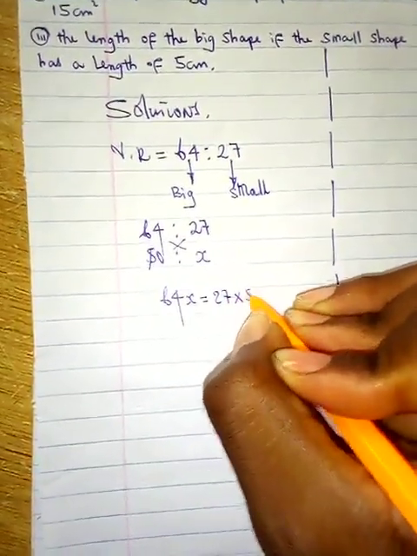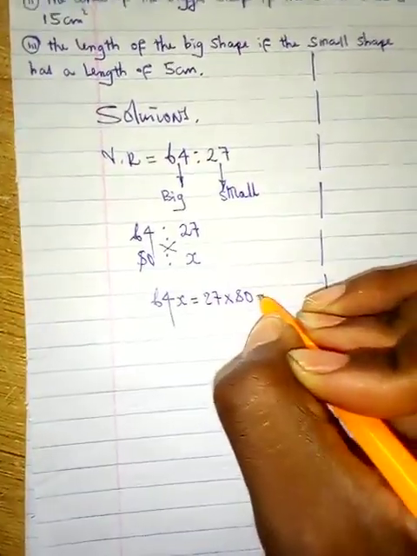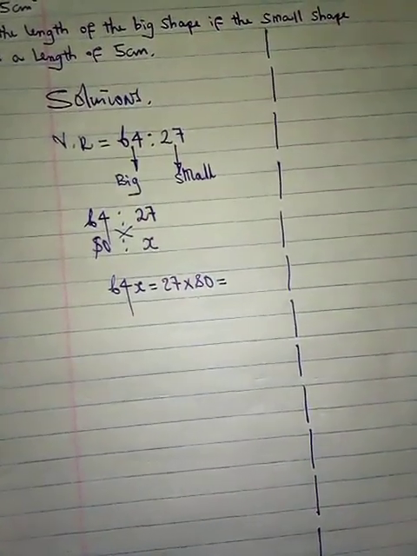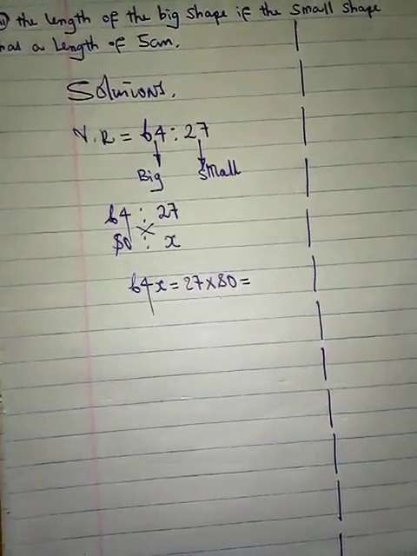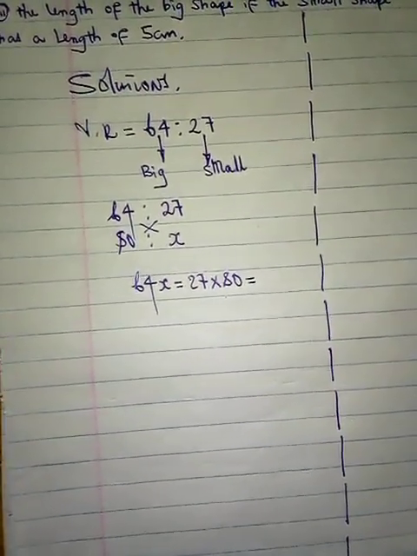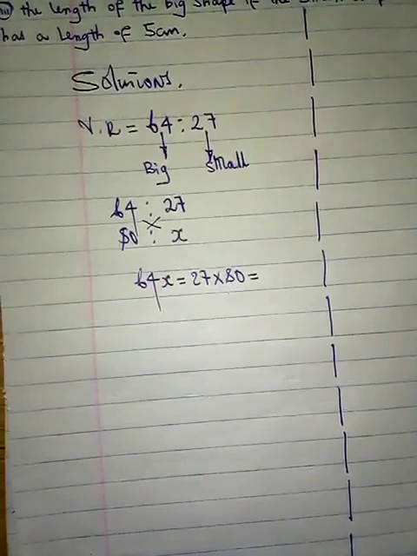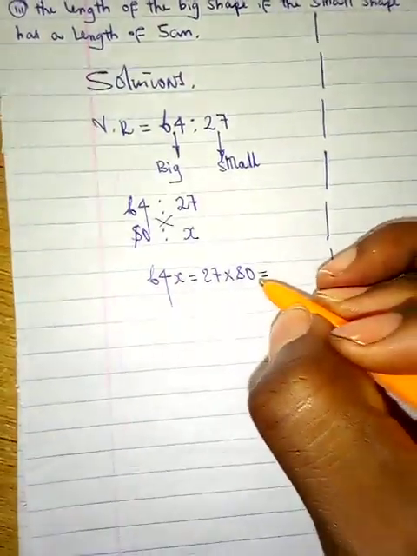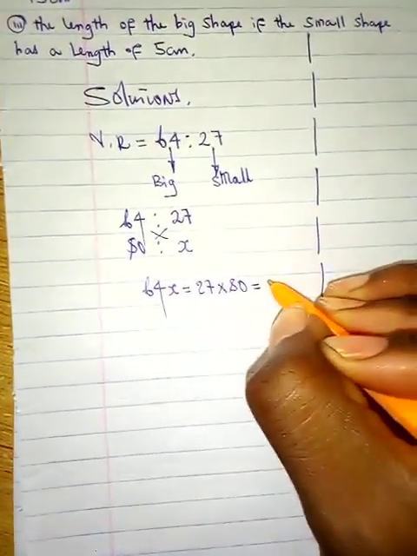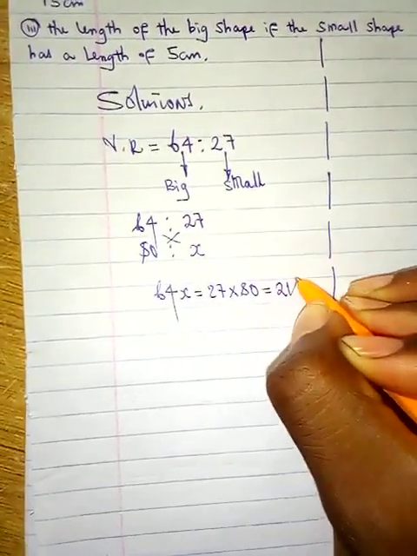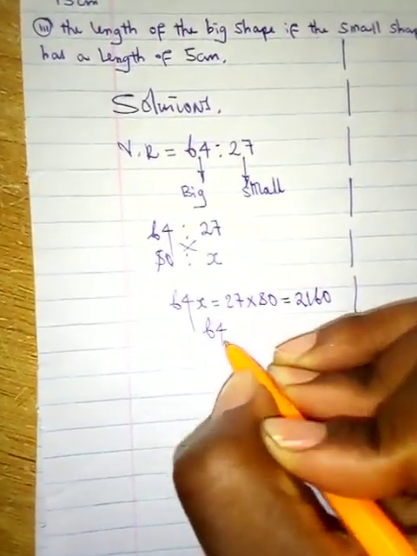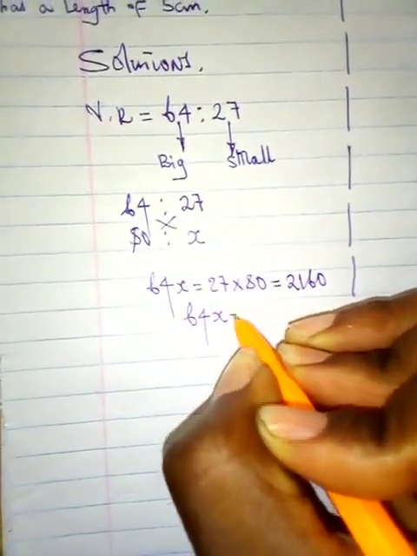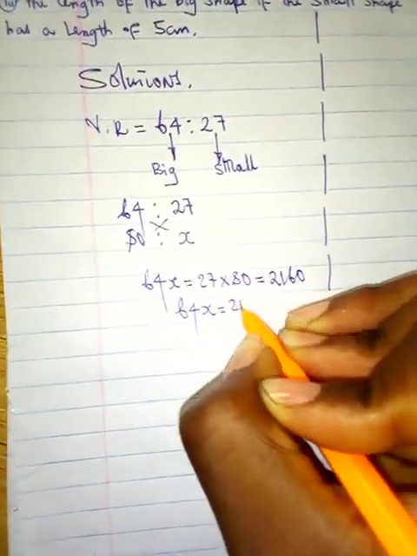If we punch 27 times 80 on our calculator, the answer is going to be 2160. So we're going to have 64x is equal to 2160.